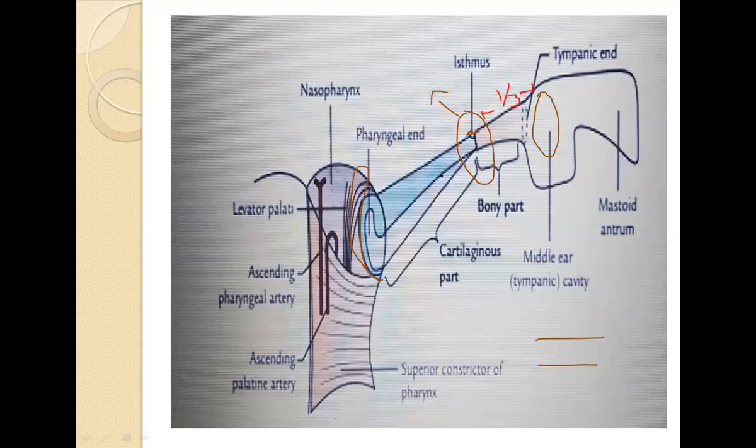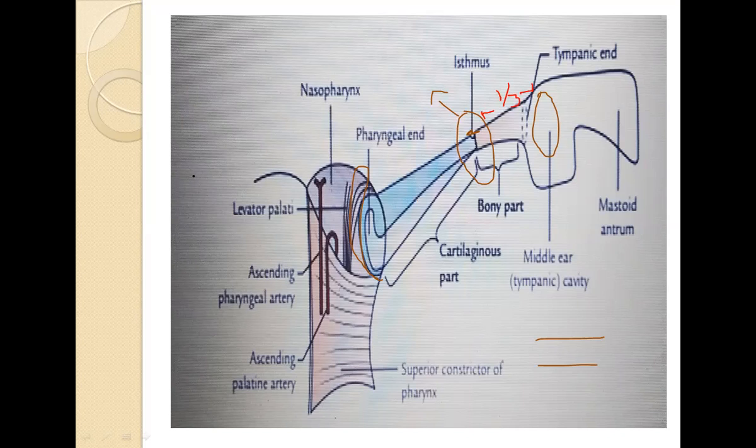An important point to be noted regarding the cartilaginous part is that it is made up of a single triangular elastic fibrocartilage. What is special is that this single elastic fibrocartilage curls upon itself to form the superior and the medial part of the tube. The base and the lateral part of the tube is contributed by a thin fibrous membrane.